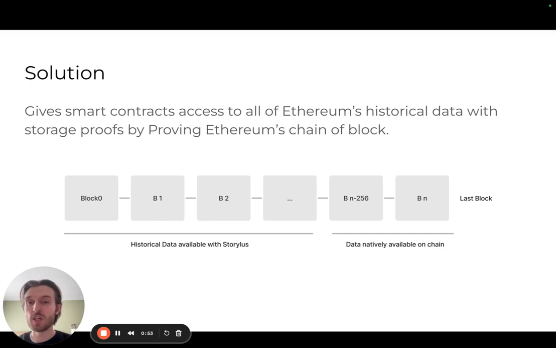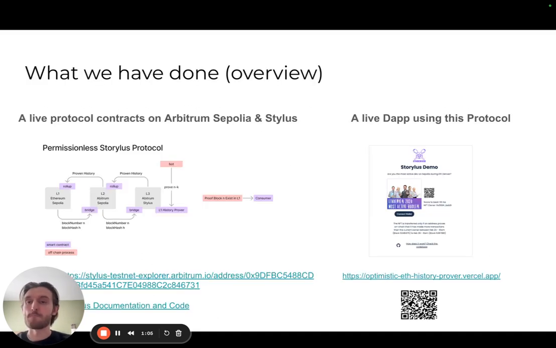And the solution that we came up with is to give smart contracts access to all that Ethereum historical data using storage proofs that are able to prove the Ethereum chain of blocks. And to do that, we built a protocol that's live on Arbitrum Sepolia and Stylus.